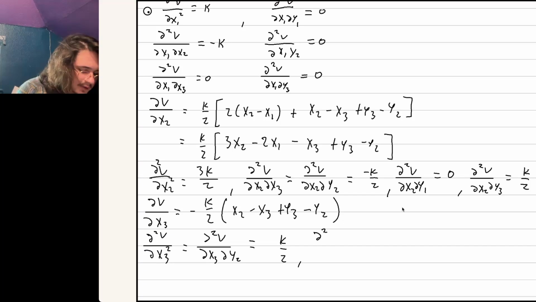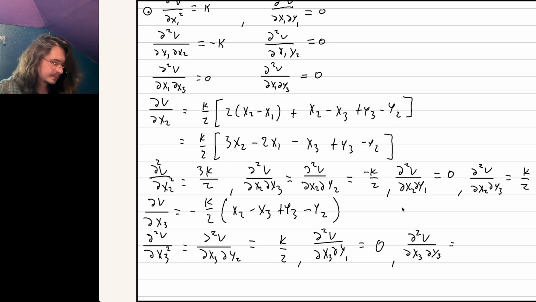And then the second derivative with respect to y1 here is 0. Nothing depends on y1. Then del squared v del x3 del y3 is minus k over 2.